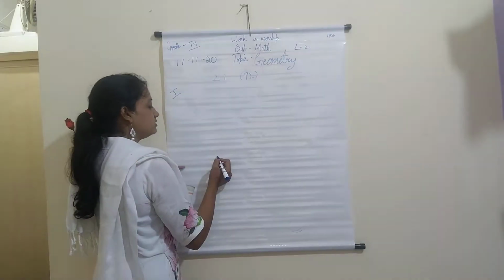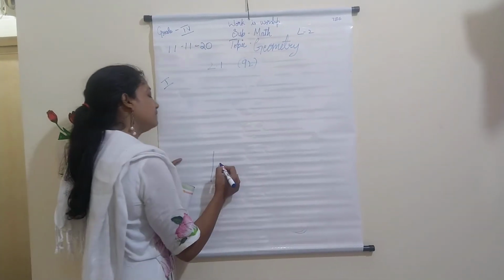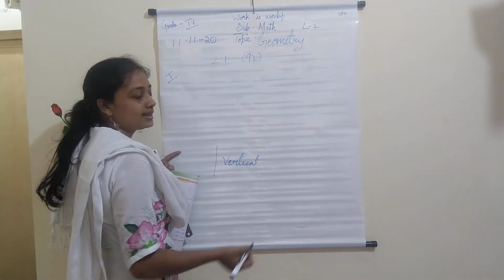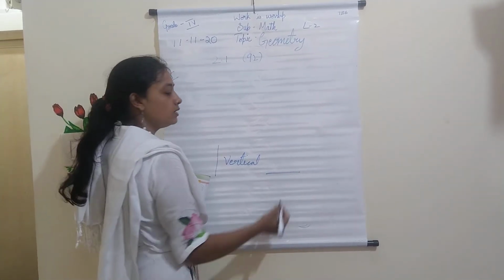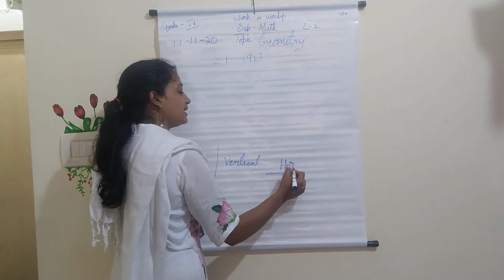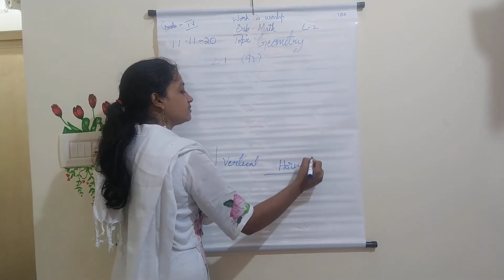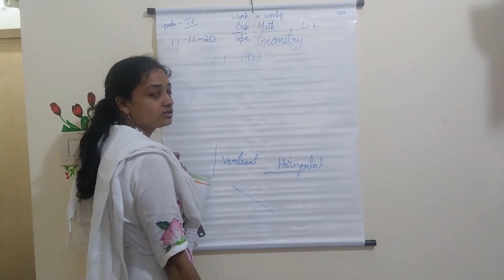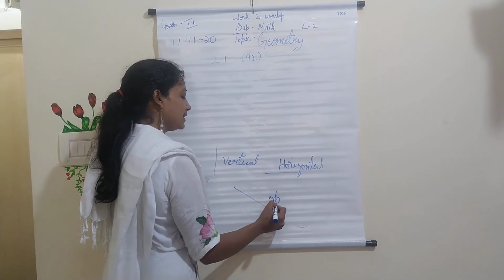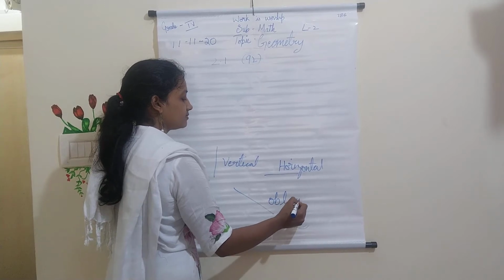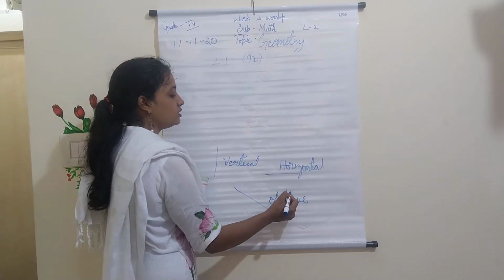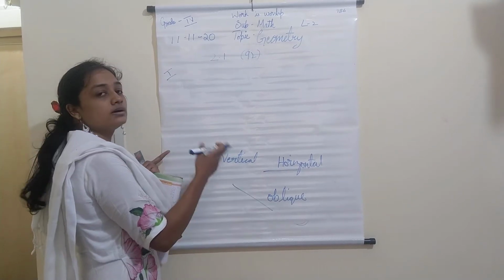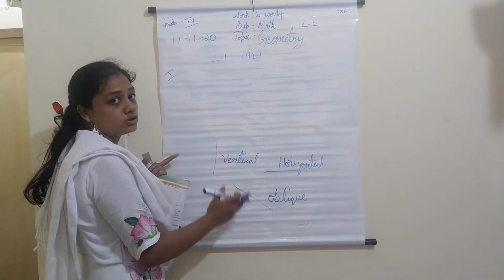A line which is standing is called a vertical line. The line which is sleeping is called a horizontal line. A line which is slanting is called an oblique line. So these are the lines according to their positions, standing or sleeping.